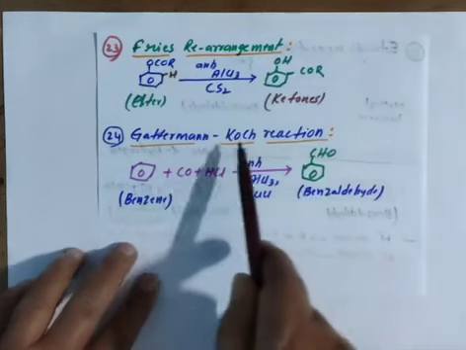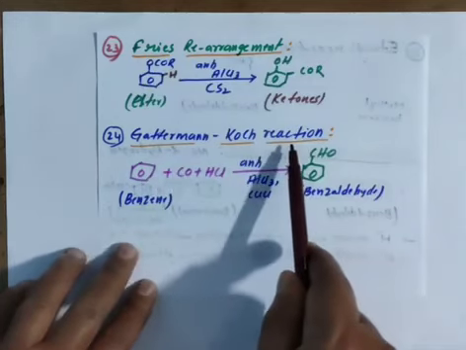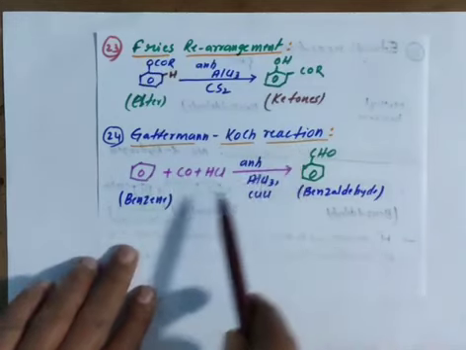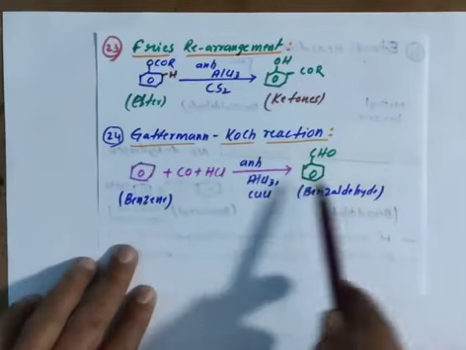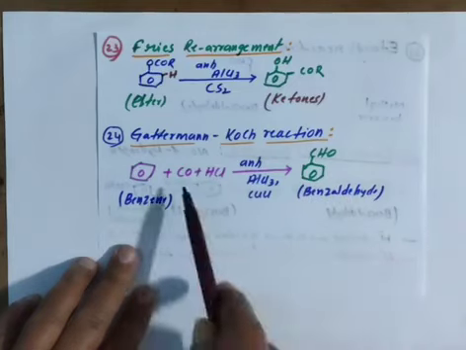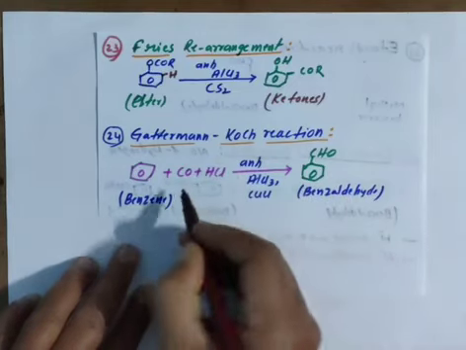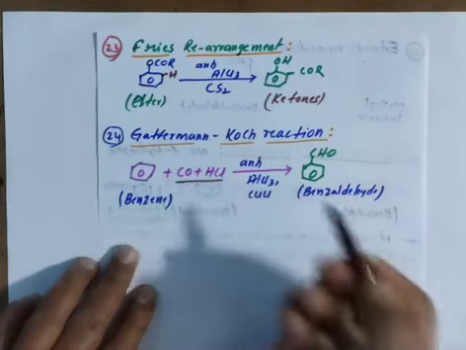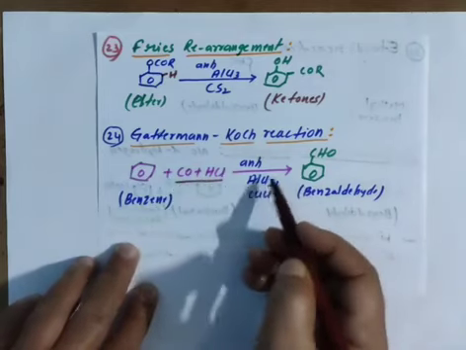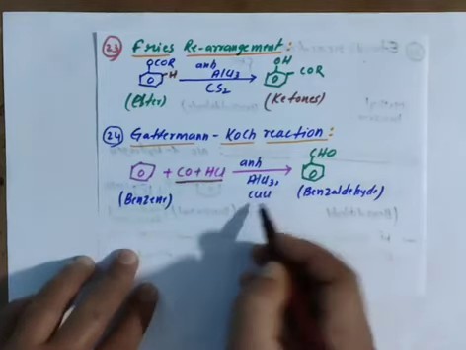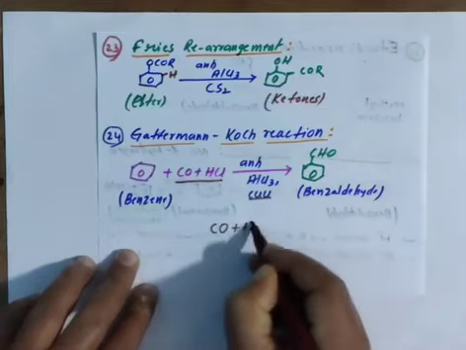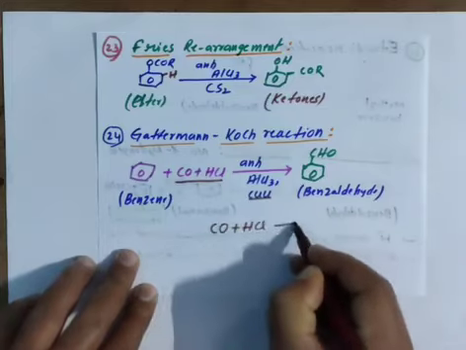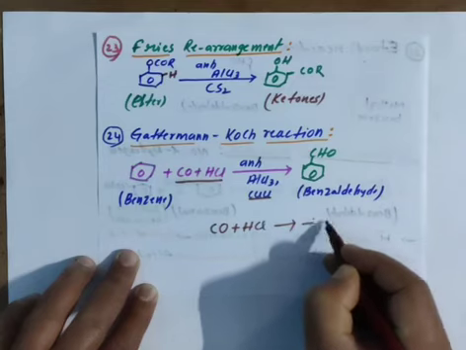Next, the Gattermann-Koch reaction. In the Gattermann-Koch reaction, benzene is converted to benzaldehyde with CO and HCl, carbon monoxide and HCl, in the presence of anhydrous AlCl3 and CuCl. This CO and HCl react with each other and form the CHO group.